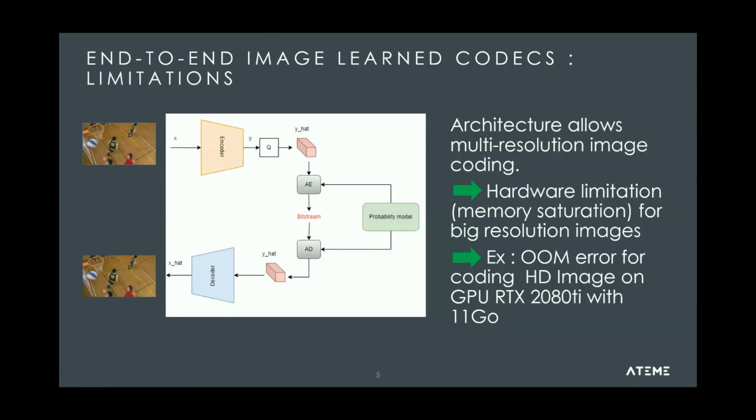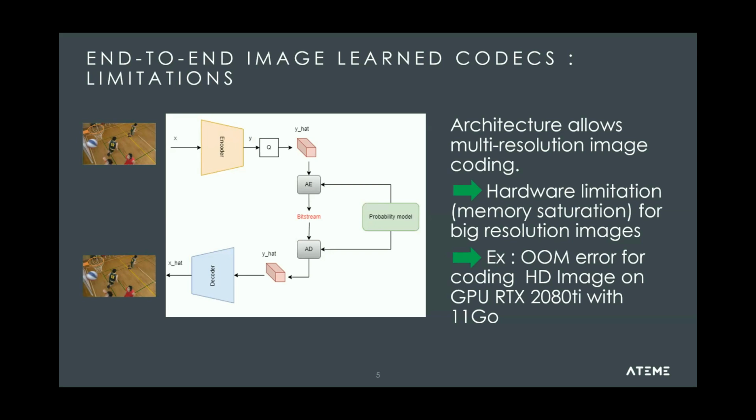So even though this kind of architecture allows us to code multi-resolution images, practically when we code an image that is big in resolution, we are faced with hardware limitations. Mainly, our memory is saturated.